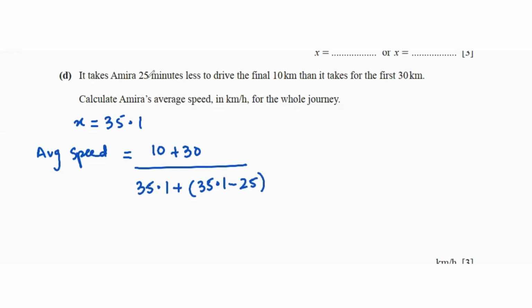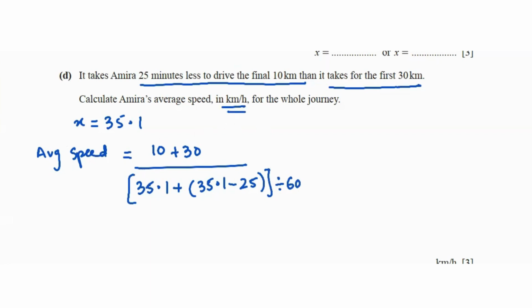Because it says it takes her 25 minutes less to drive the final 10 kilometers than it takes for the first 30 kilometers. So for the first 30 kilometers, your time is 35.1, and for the 10 kilometers, your time is 35.1 minus 25. And this entire thing is going to be divided by 60, because this time is in minutes and we have to give it in hours.